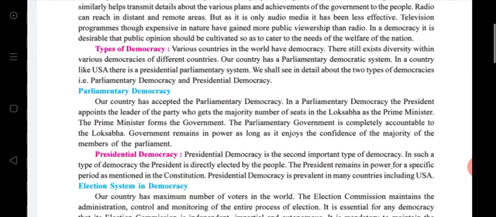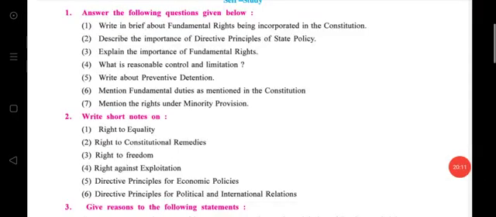Okay, so please come to page number 72. Please students, come to page number 72 of your textbook, chapter number 9, exercise. So from this self-study exercise, you should write question number 2, question number 3, question number 5, and question number 6 only.